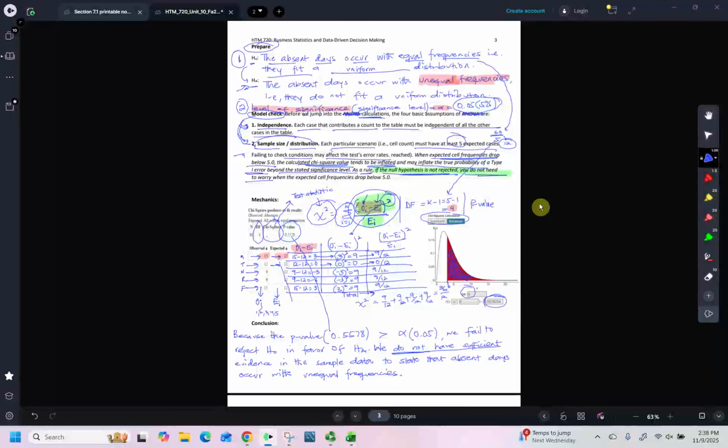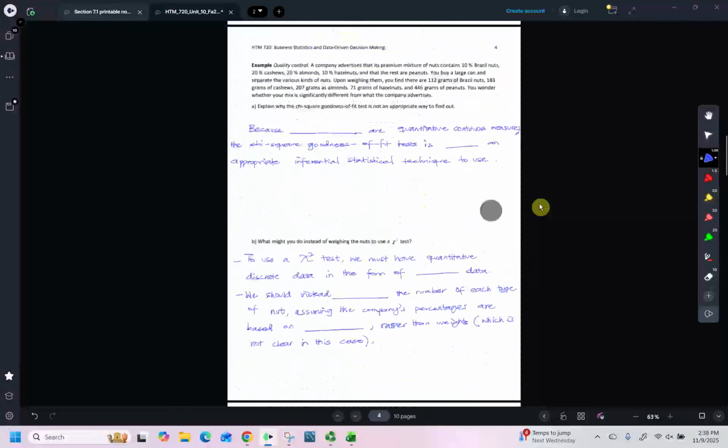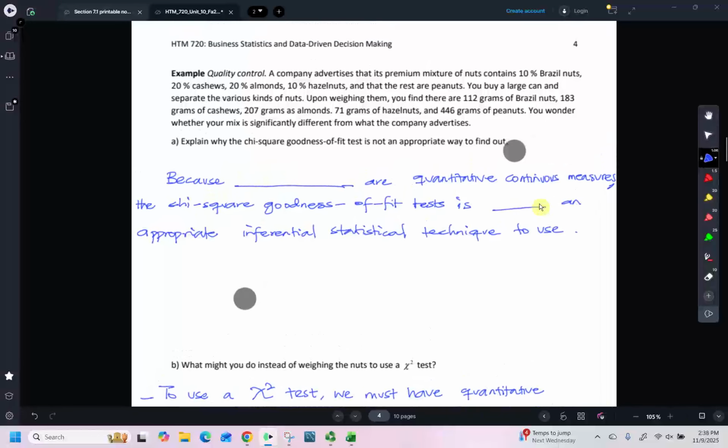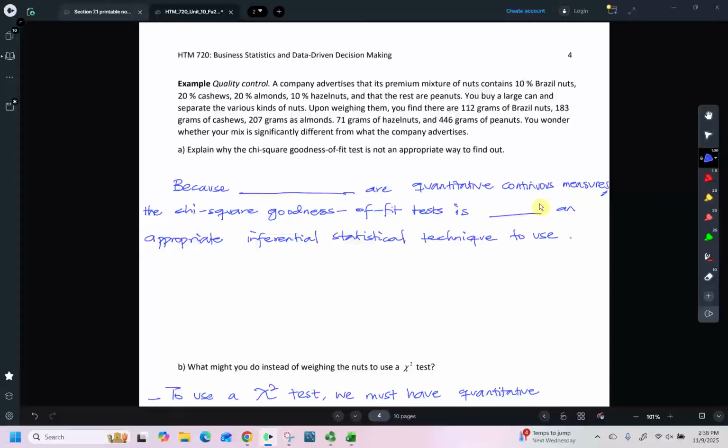So, let us consider next a scenario that the chi-square goodness of fit would not be appropriate for. So, you have quality control. A company advertises that its premium mixture of nuts contains 10% Brazil nuts, 20% cashews, 20% almonds, 10% hazelnuts, and then the rest are peanuts.